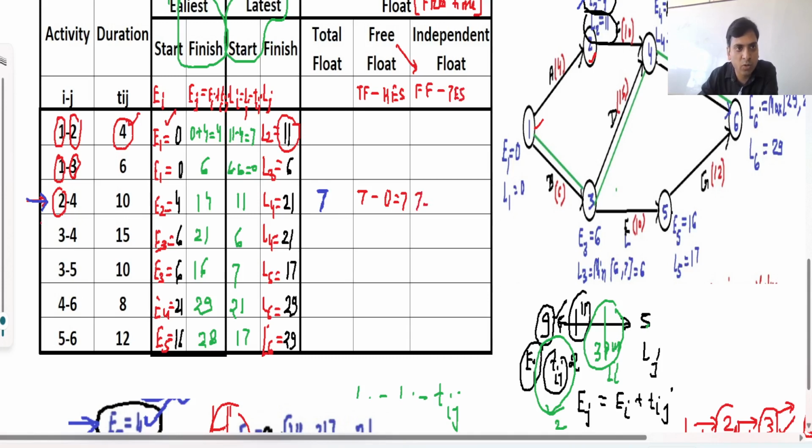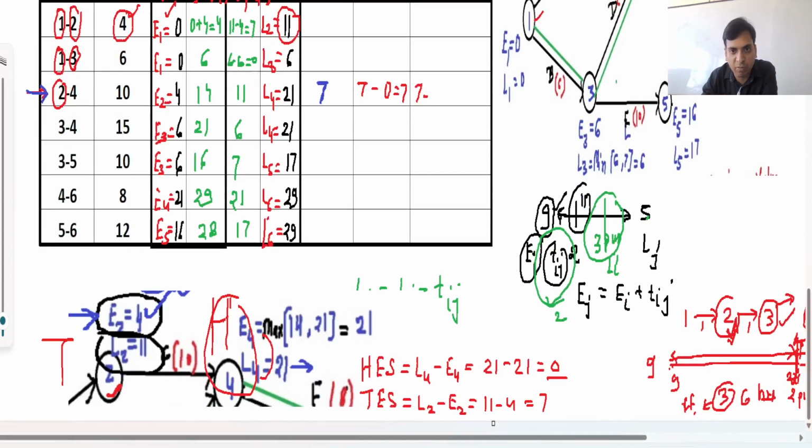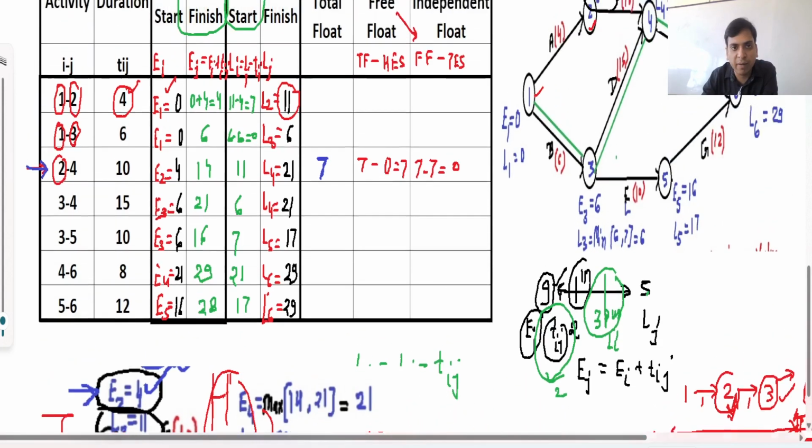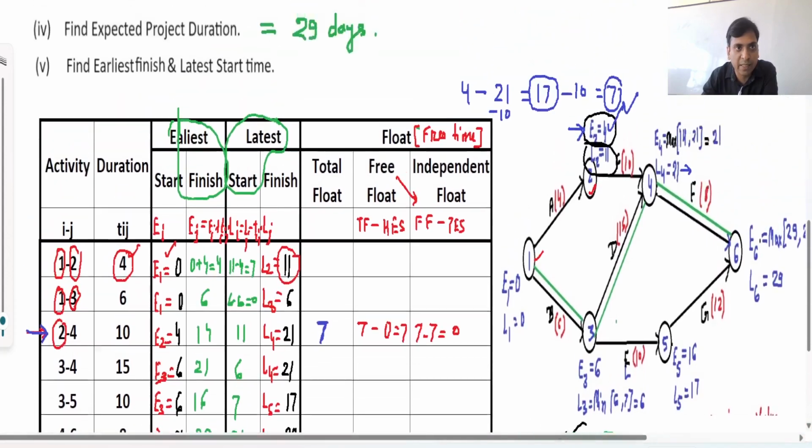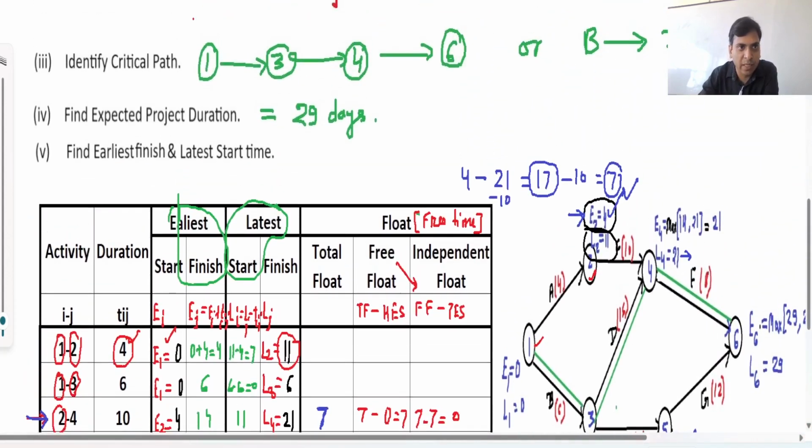And for this 2-4 activity, this 2 is the tail event. So the tail event slack for this activity is 7. This TES for this tail 2 is 7. So this is 7 minus 7 equals 0. Now we can find all these floats, but before that, we will see one more thing.